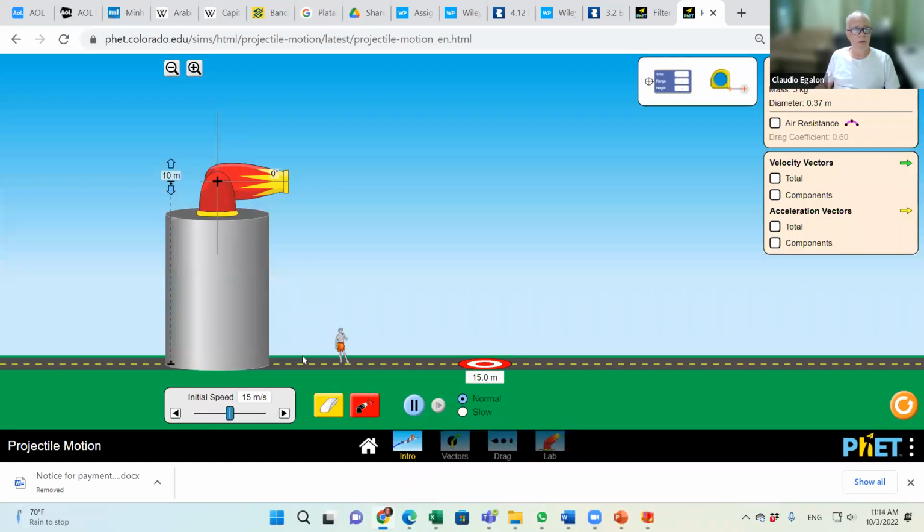Okay, so what we have here, we have the cannon, right? We can change the height of this cannon, and it's going to propel a projectile. Okay, we can change the speed of the projectile right in here, see that?